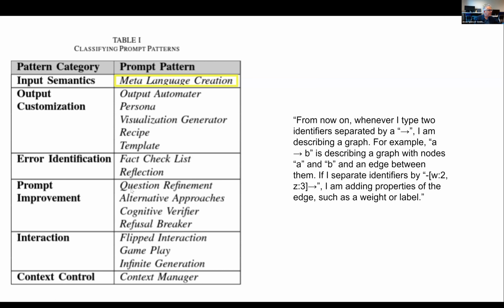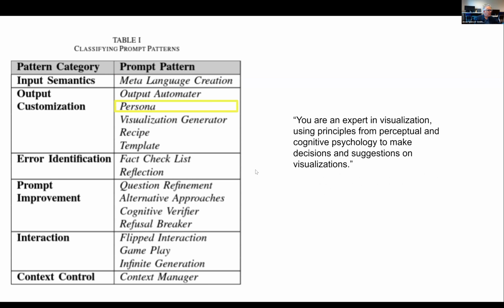One of these is the persona right here. So persona is actually telling the model that it needs to take on a particular persona. So in this case, you're an expert in visualization using principles from perceptual and cognitive psychology to make decisions and suggestions on visualizations. Now, on the one hand, this seems kind of silly, right?